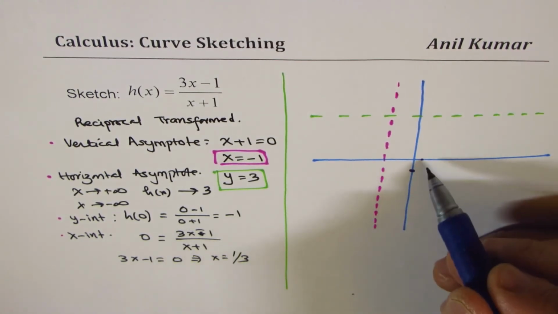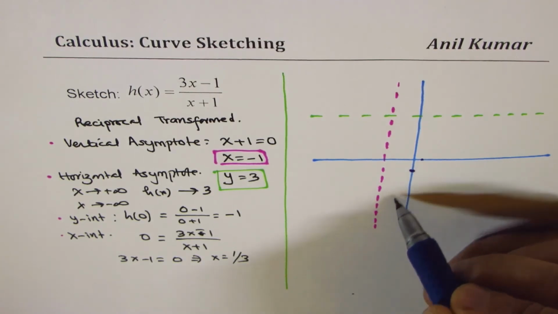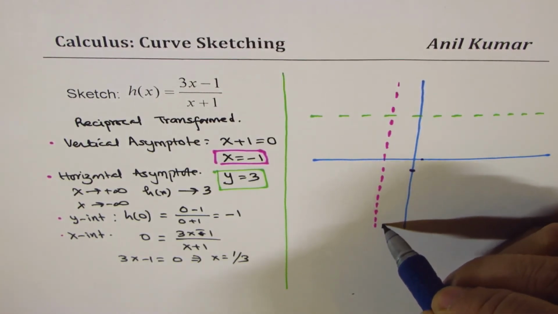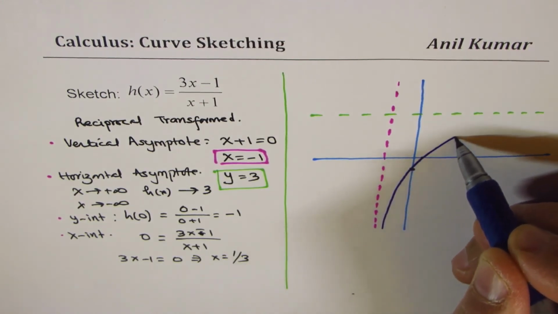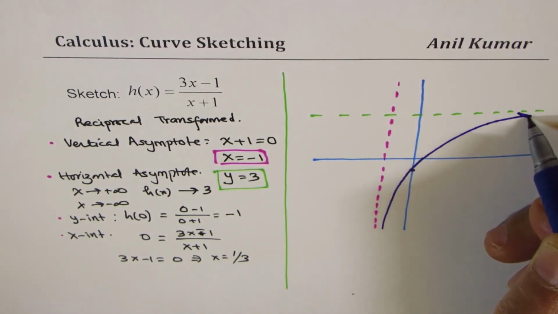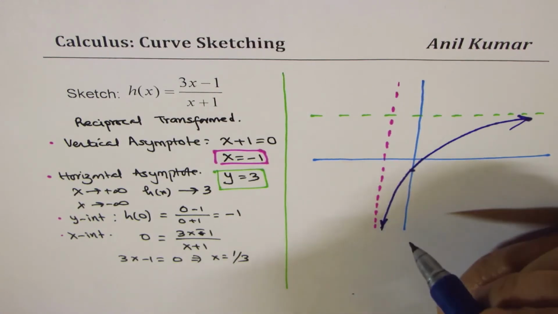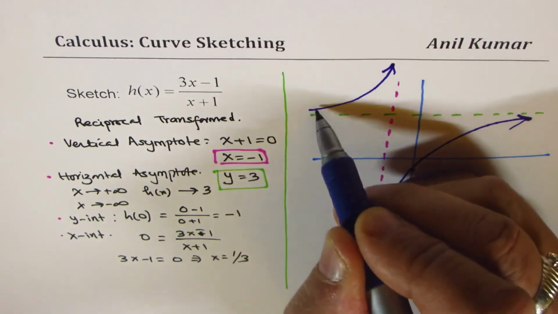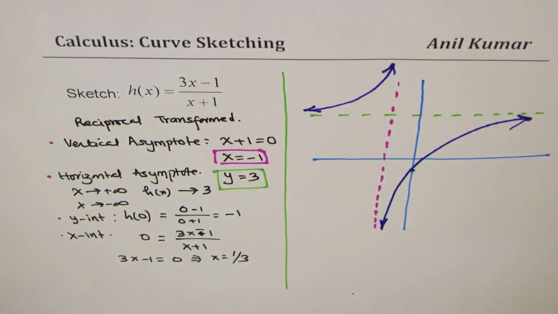Correct? So these 2 points indicate that we are on this side of 0, right? So we could sketch this graph kind of like this. Does it make sense? And on this side, you could take some test point and sketch the graph like this.